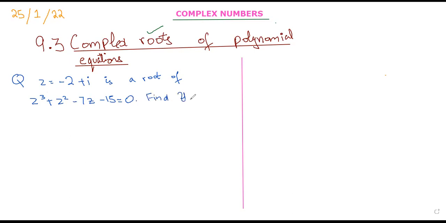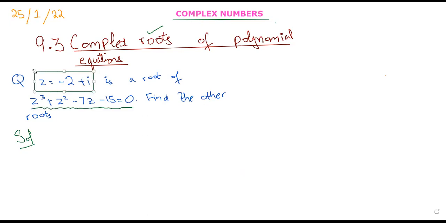Find the other roots. Okay, now this is the question. They're saying that this is your polynomial, and they have told you that z equals -2 plus iota is a root. So you just have to divide the two.